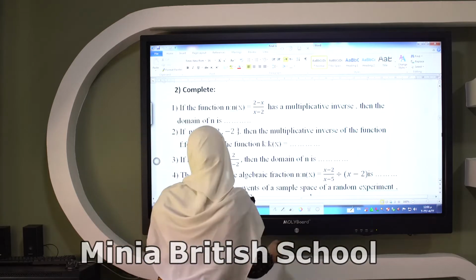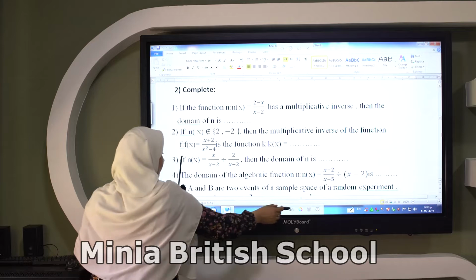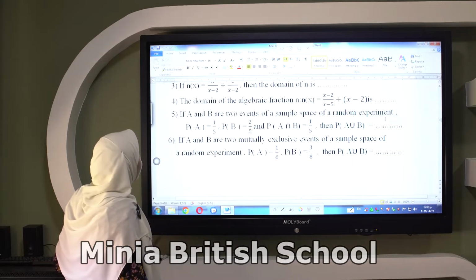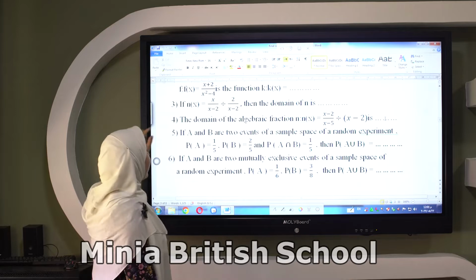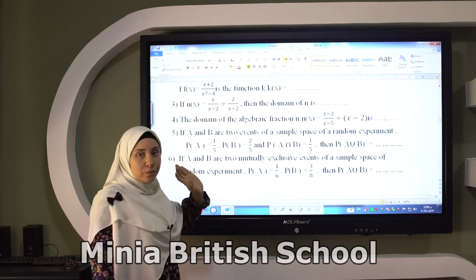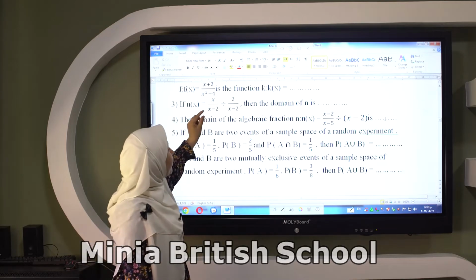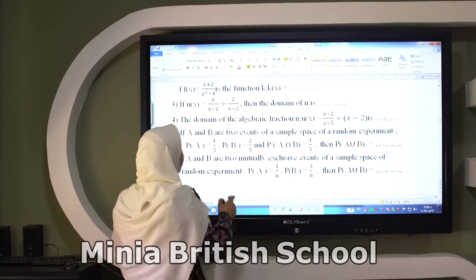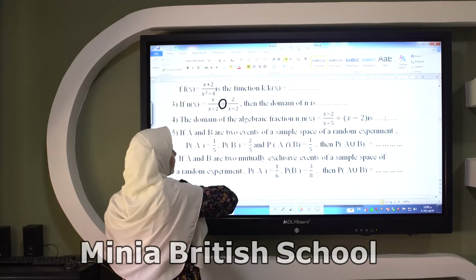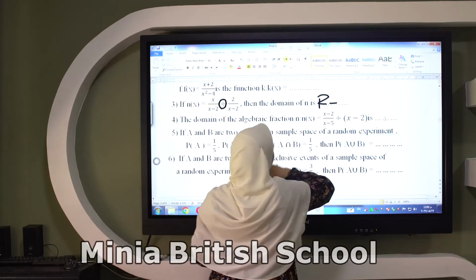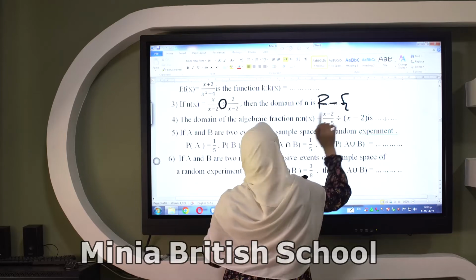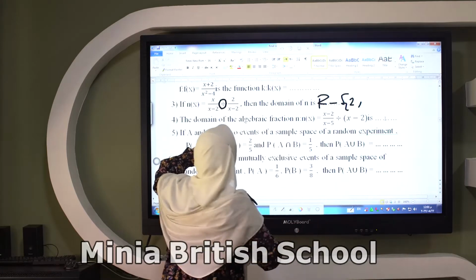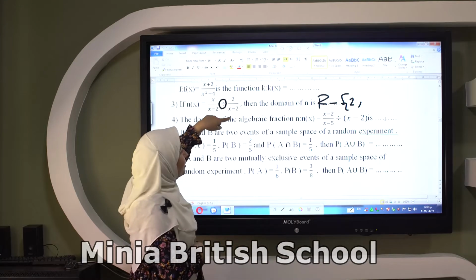Letter number 3. If n(x) = x/(x - 2) divided by 2/(x - 2), then the domain, the same idea here, divide. So the domain is the set of reals except the zeros of the first function's denominator, 2, then the set of zeros of numerator and denominator.